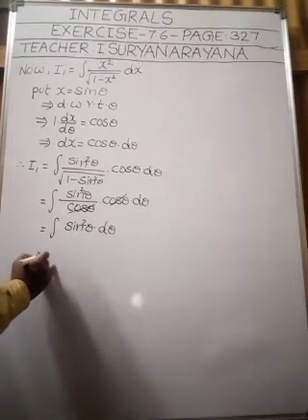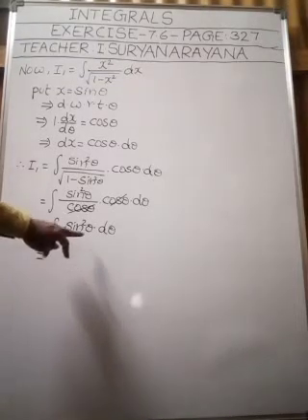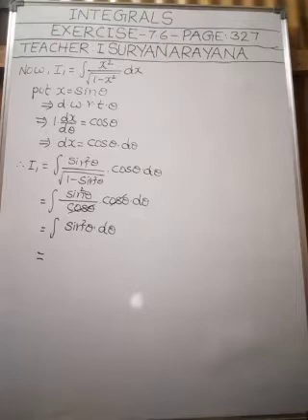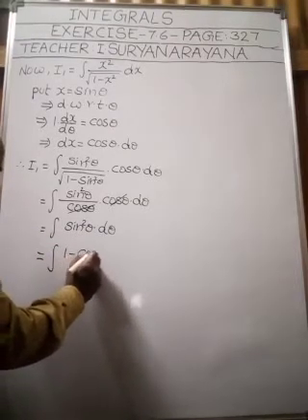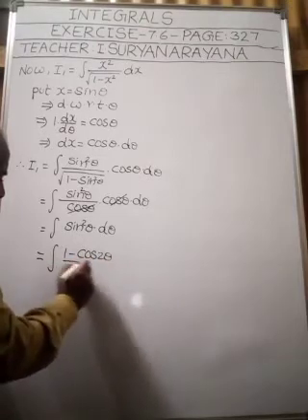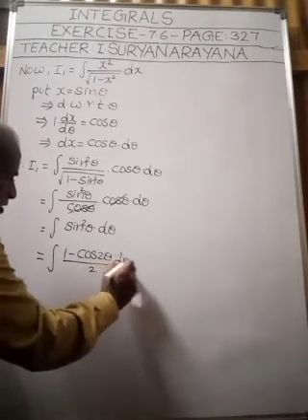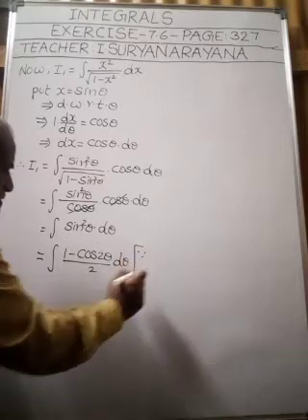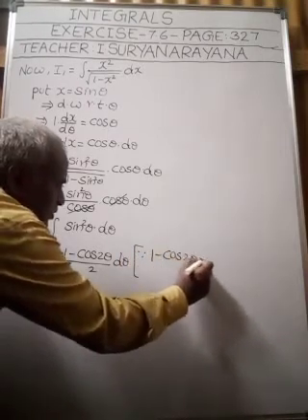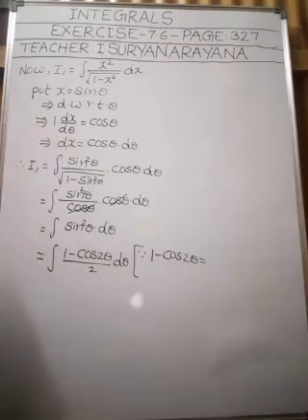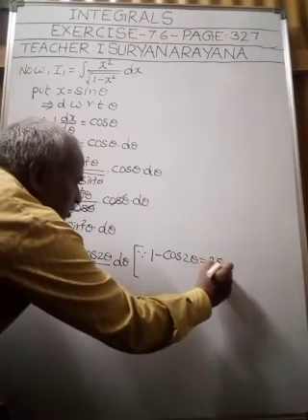Again, we have to use our previous knowledge of trigonometric identities from exercise 7.3. We used that previous knowledge. So sine square theta can be written as integral 1 minus cos 2 theta by 2 d theta, because 1 minus cos 2 theta is equal to 2 sine square theta.